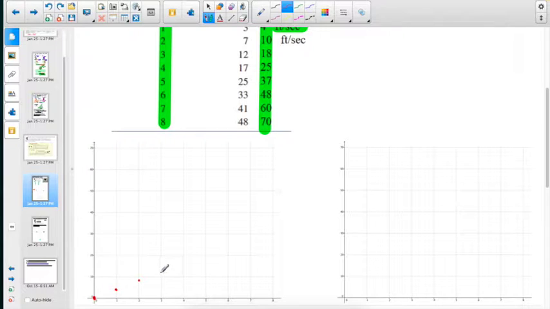And 3, 12. And 4, 17. And 5, 25. And 6, 33. And 7, 41. And 8, 48. So that's the data in miles per hour. So I just use the miles per hour for graphing, and then I'll use the feet per second for calculation.